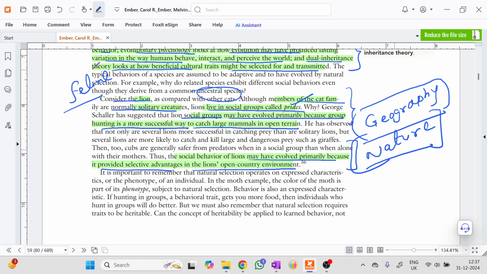So the cat family stays alone. Most of these species, most of the individuals, stay alone, but lions live in groups.